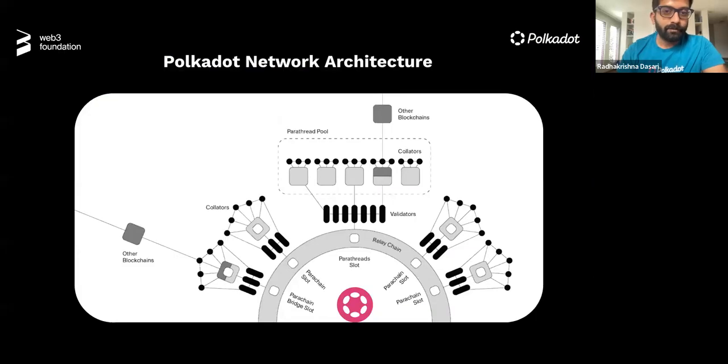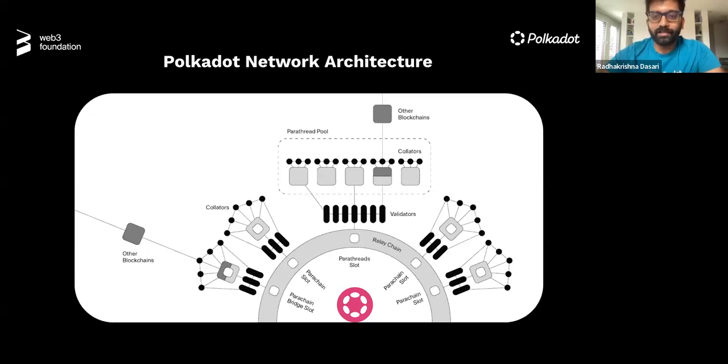We also talked a little bit about Polkadot architecture. There were questions about what collators are and who validators are. Validators are on the Polkadot relay chain, and collators are the nodes that the parachains, the blockchains running on top of Polkadot, run.